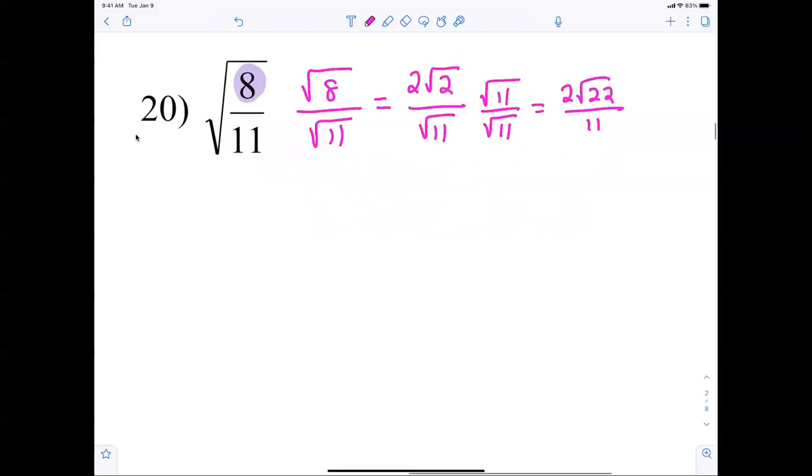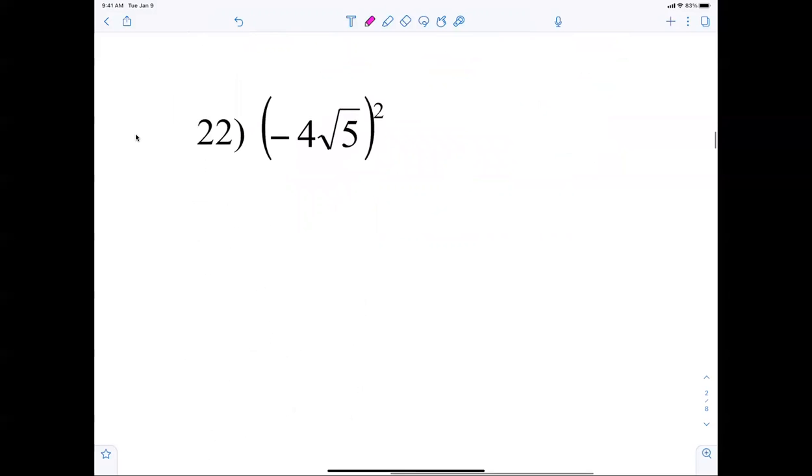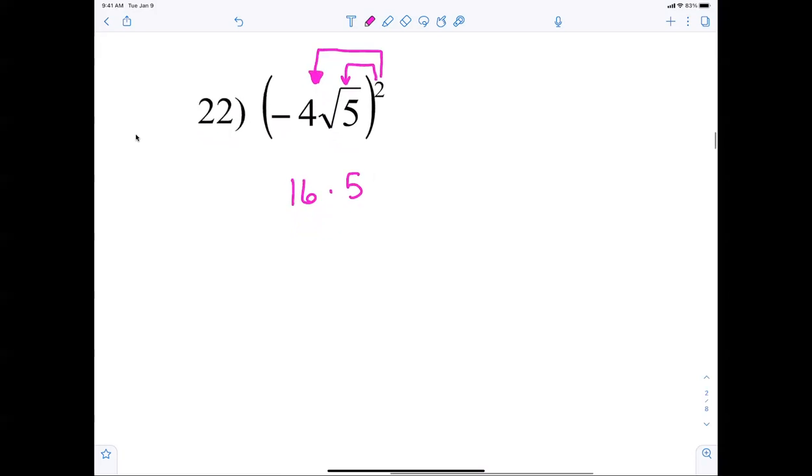All right, let's check out 22. Now be careful with this because we have to square both terms. What's -4 squared? 16. Radical 5 squared is 5. Now, if you want to say radical 25, that's fine, but you should know square root of 5 times square root of 5 is just 5. And then 16 times 5, 80.